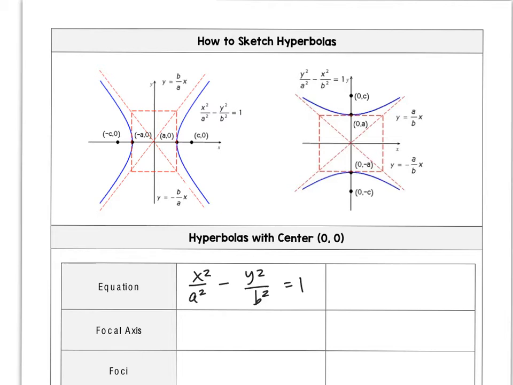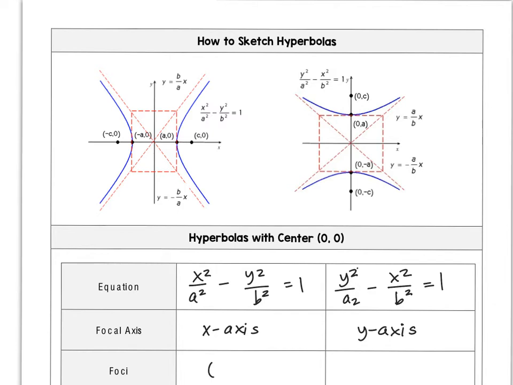If you were looking at the second one there, that's going to be y squared over a squared minus x squared over b squared equal to 1. So notice how similar they are. The negative thing is what is different. The focal axis for this first one is the x-axis, because it's going through the x-axis. For the second one, it is the y-axis.